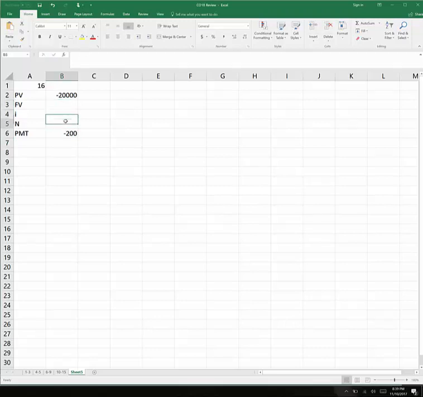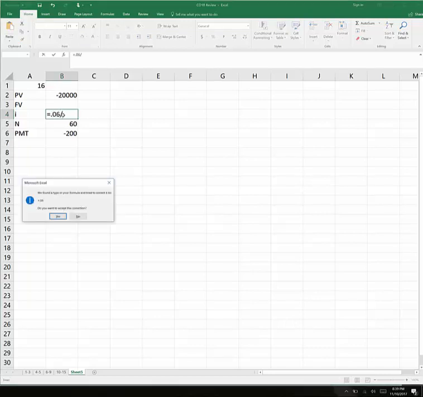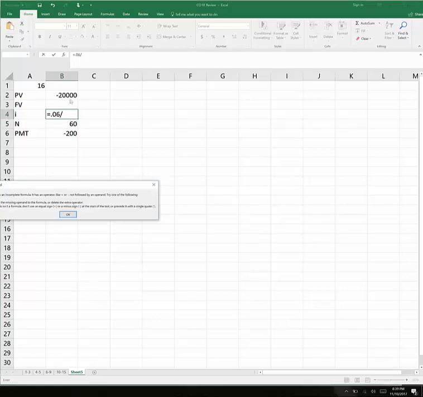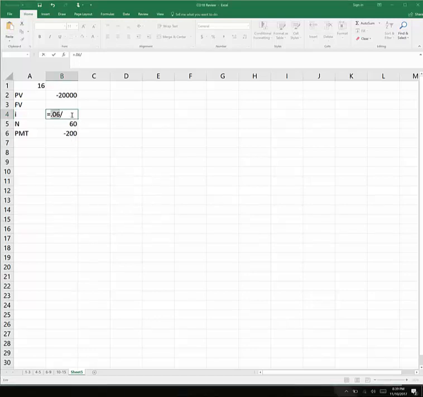The number of periods is going to be 60 because we're dealing with monthly. And you're going to earn 6% interest. So on a monthly basis, we're going to divide that by 12. And you get 0.5% a month.